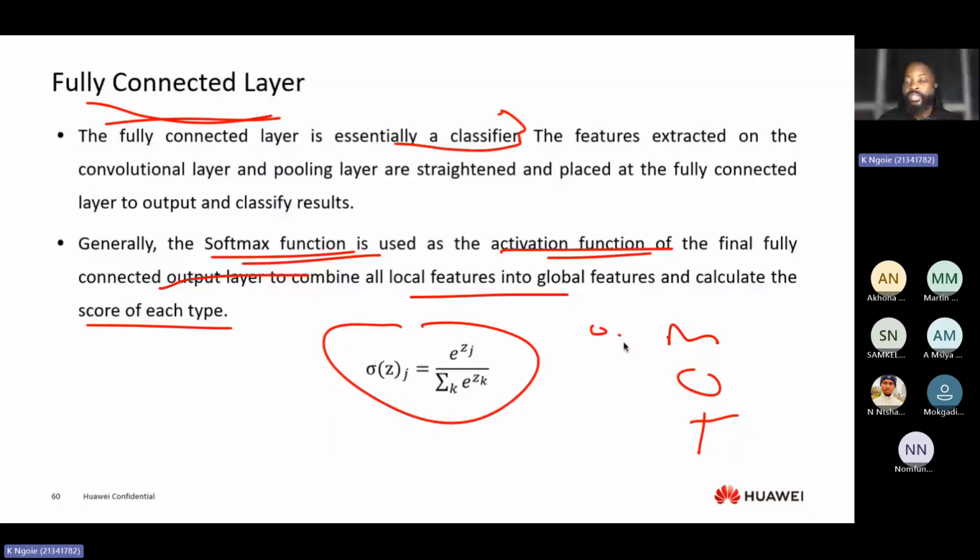So this can give you maybe 0.33, 0.6, and then we have 0.01.